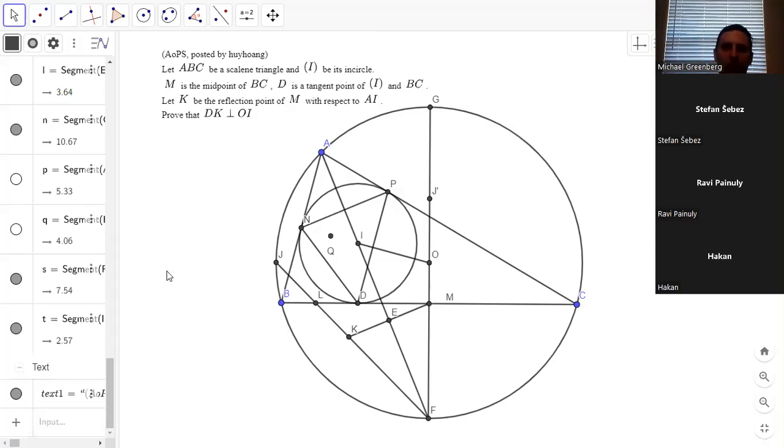So actually, the problem is equivalent to saying that B and K are the same distance from the radical axis of these two circles. But I don't know how helpful that is.